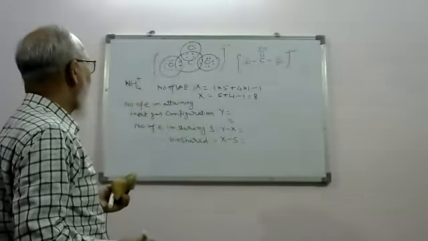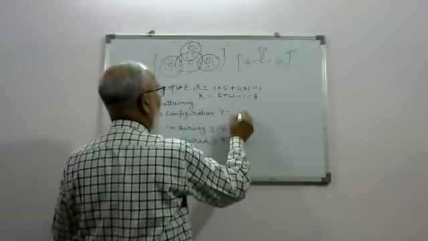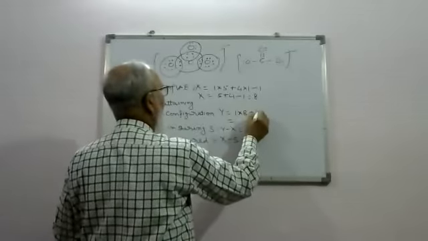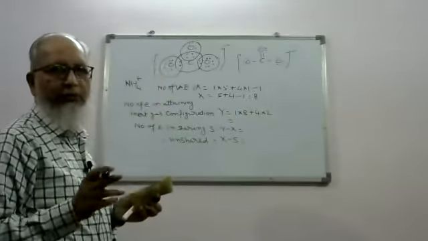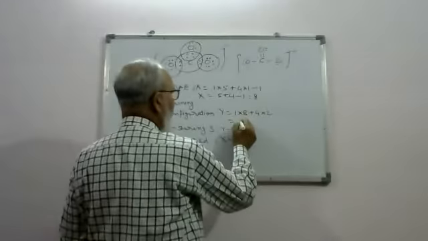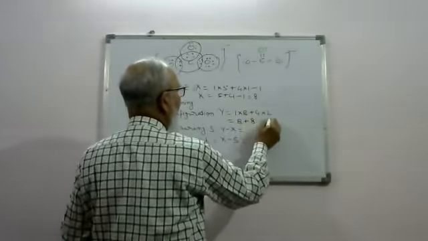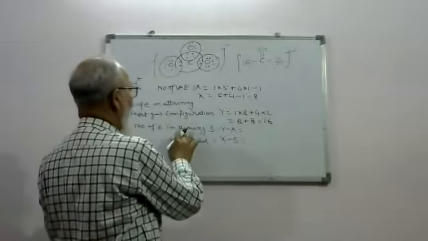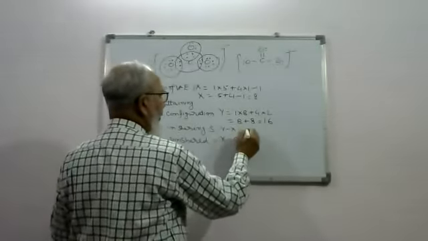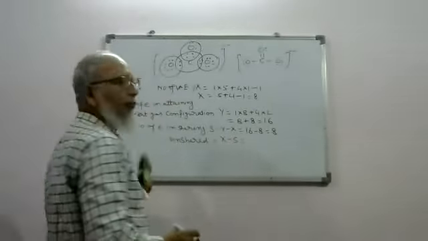Number of electrons in attaining inert gas configuration, this Y, is equal to 1 into 8 plus 4 into 2 because hydrogen will complete its duplet. So this is your 8 plus 8, equal to 16. So number of electrons required in sharing process, Y minus X, 16 minus 8, is equal to 8.